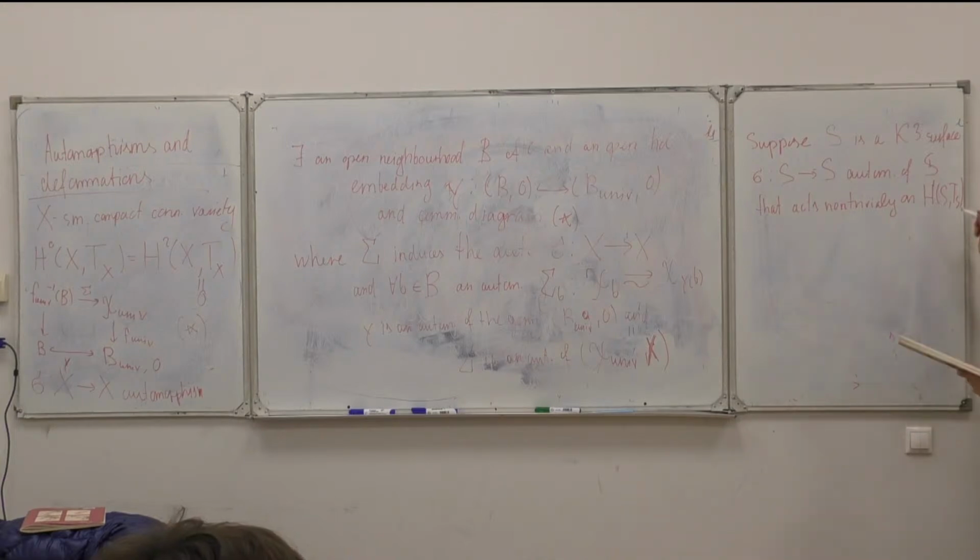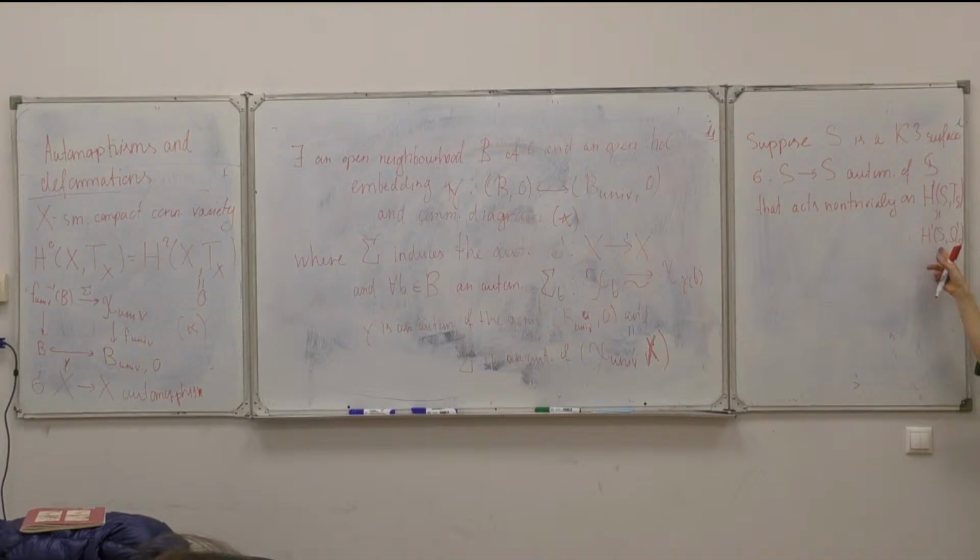So why do these automorphisms exist? Just because, first of all, for a K3 surface we have an isomorphism of its tangent bundle and its cotangent bundle, right? And this is one part. So it's enough to find a K3 surface with an automorphism that acts non-trivially on its Picard group, because the Picard group lives here, right?